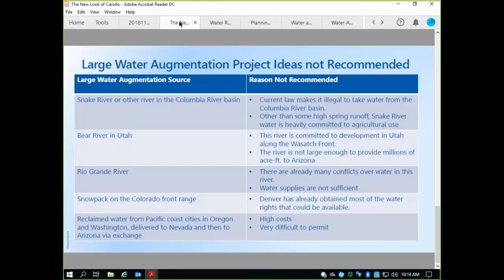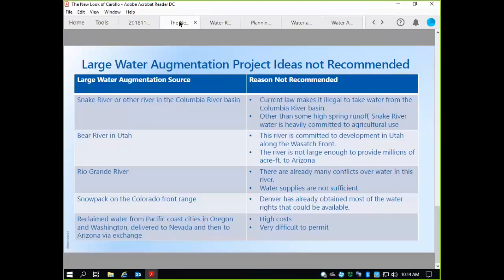The Bear River in Utah is committed for development along the Wasatch Front, and if we're talking about augmentation of several million acre feet, I don't know that there's really enough water in that river to accomplish that goal. The Rio Grande River is already tied up in a lot of litigation and conflicts, and there's not necessarily excess water there.